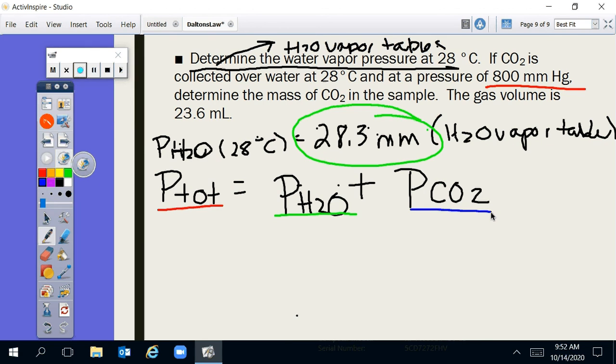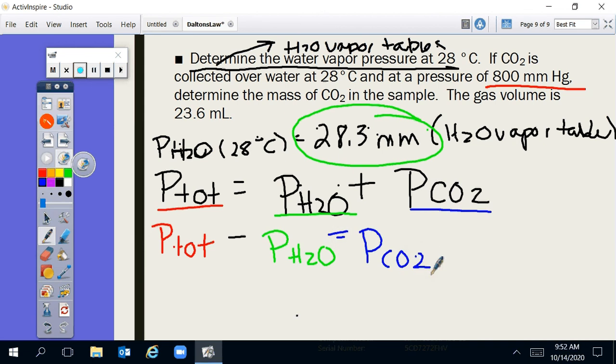So we can now solve for the partial pressure of the carbon dioxide. If we rearrange this equation, we have the total pressure minus the partial pressure of water is going to equal the partial pressure of carbon dioxide, which is what we want, because we want the mass of carbon dioxide.